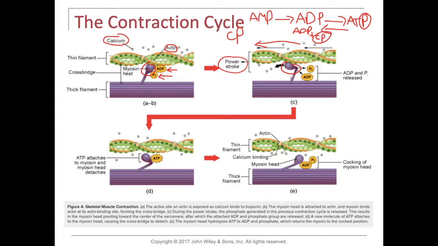Okay, now that it did that, we want this myosin head to be able to be released so it could be free to make another contraction. And the way that it does that is that it takes that ADP and that creatine phosphate, it combines them to create ATP, and it's going to use that ATP to detach the myosin head. That's the take-home message there.